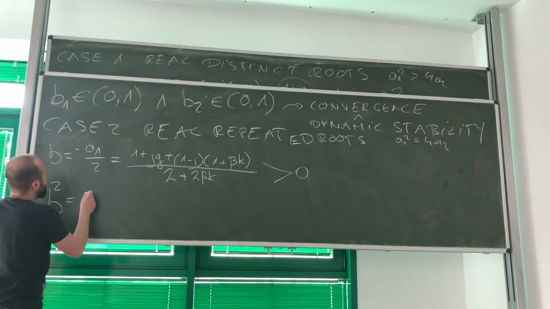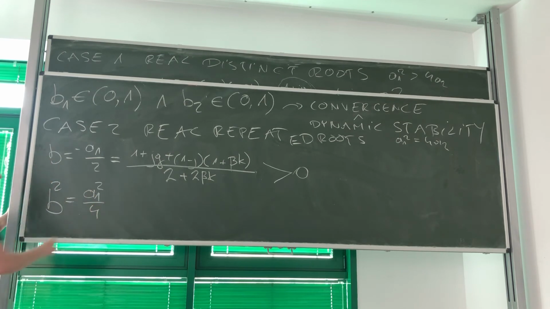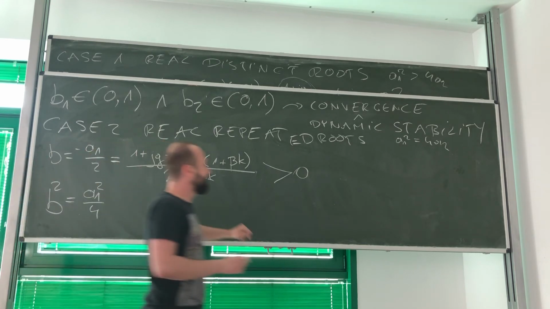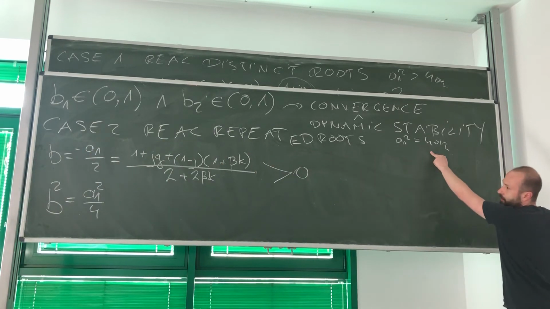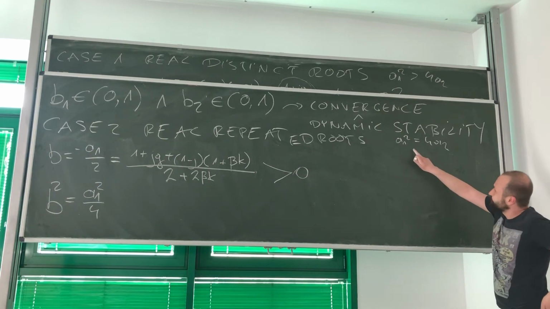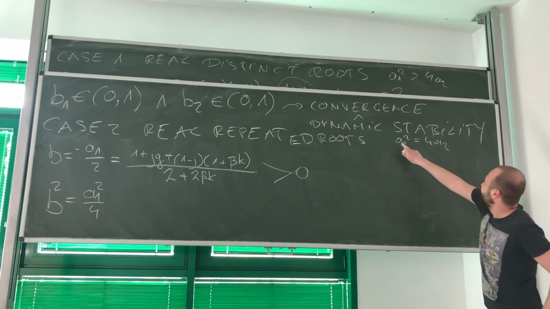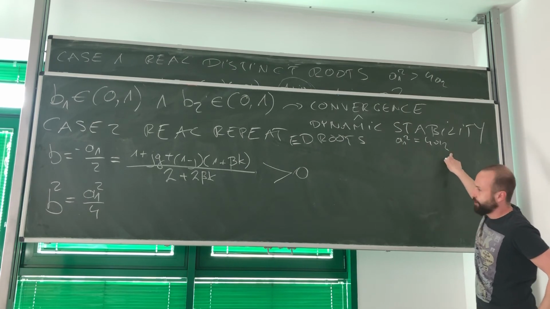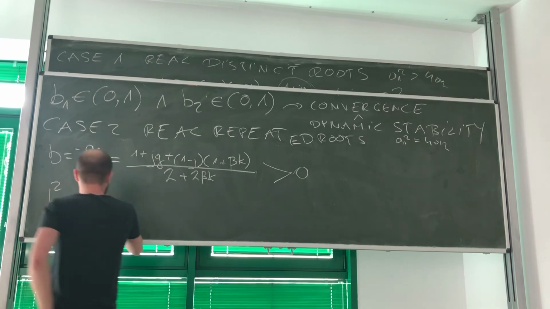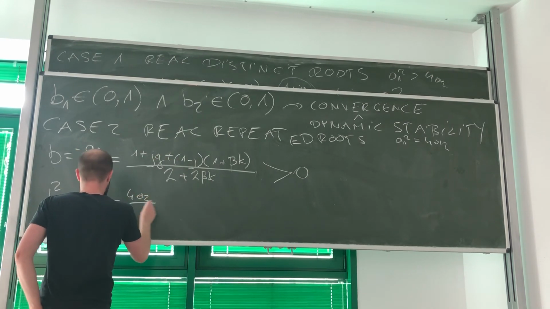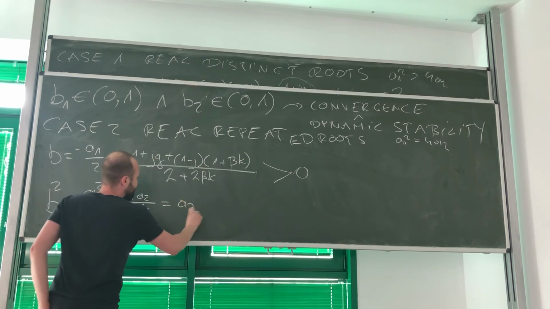This will give us A1 squared to the power of 4. However, as this is the case of repeated real roots, we get that A1 squared is equal to 4A2. So I can substitute, which is equal to A2.